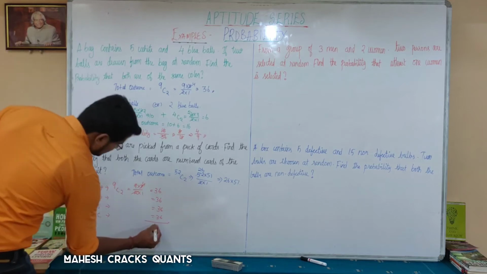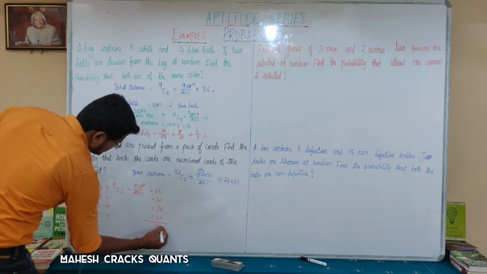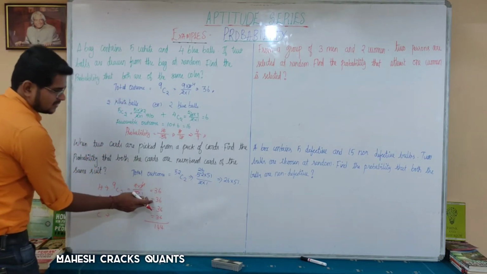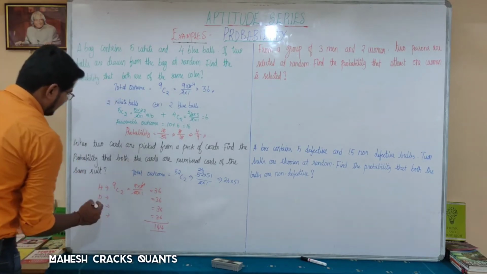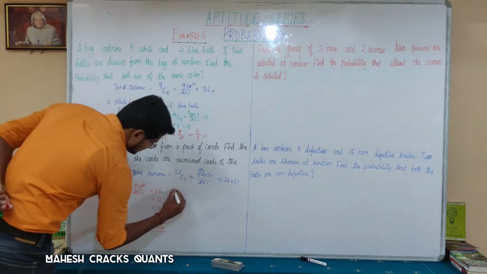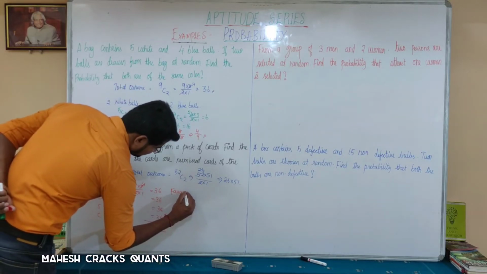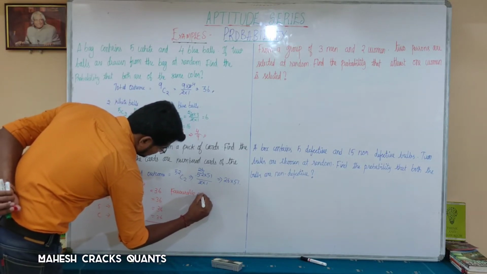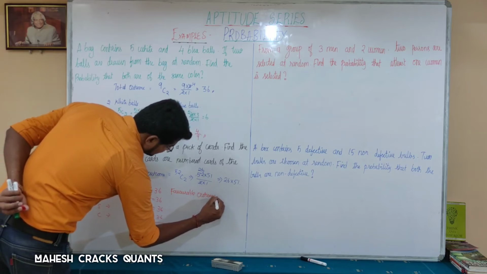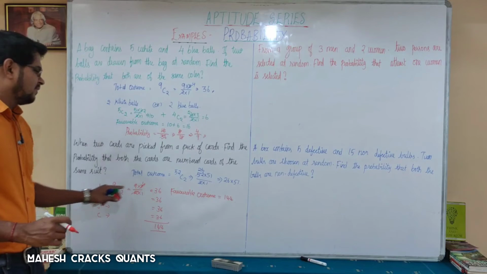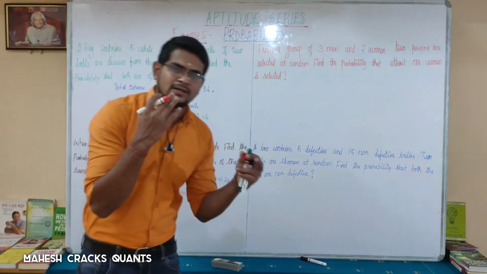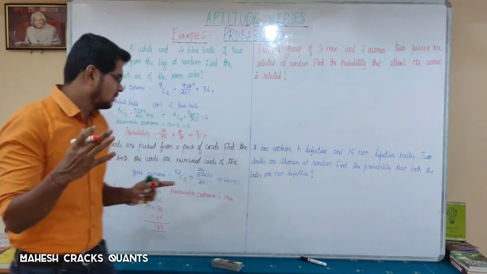When you add all this, what will you get? 36 plus 36, 72, 72 plus 72, 144. Your favorable outcome is equal to 144. Why? In every suit, in hearts, there are 36 favorable ways.